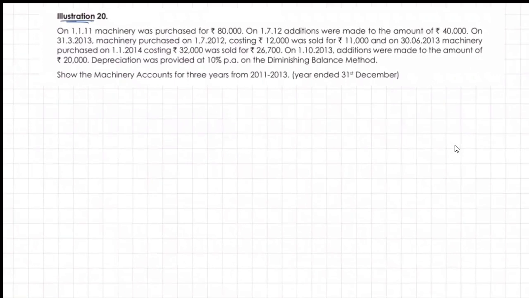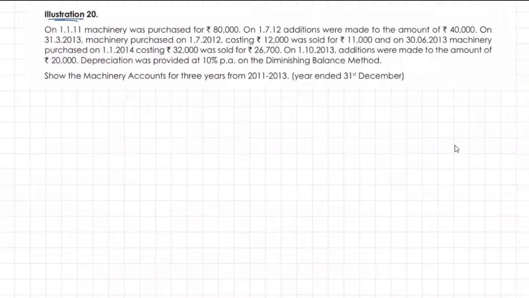So 1/1/2014. See this one, 1/1/2014. Just change this date to 1/1/2011. And here wherever additions are written, now see what I'll do. I'll draw a statement of depreciation, and there I'll explain what has been done.